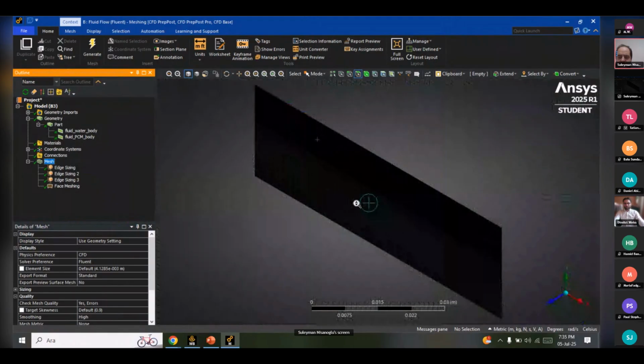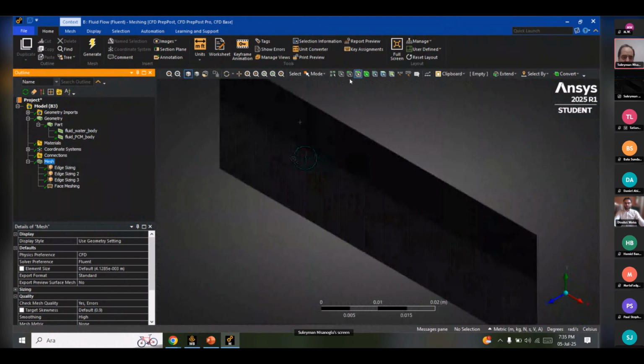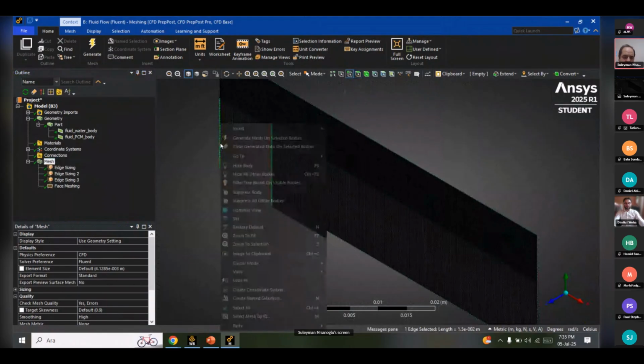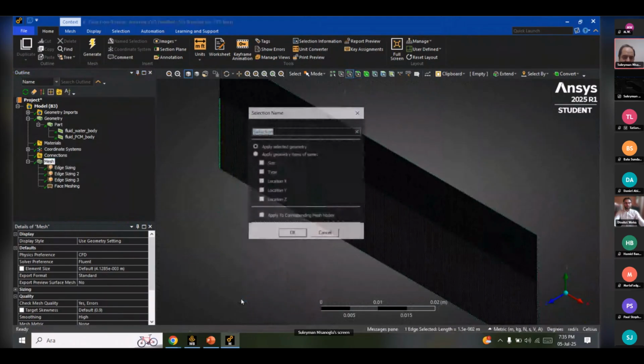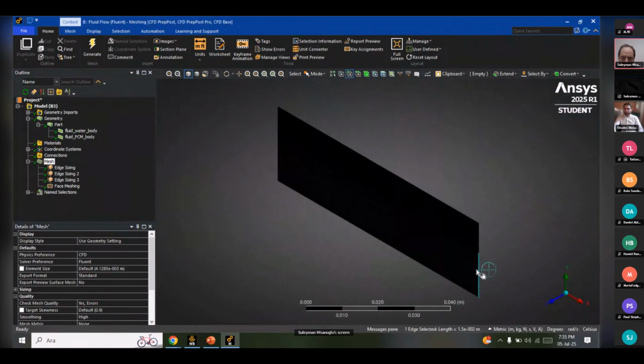Finally, we will name the inlet, outlet, and the PCM. Here, this one is named selection inlet, velocity inlet. Here is outlet.